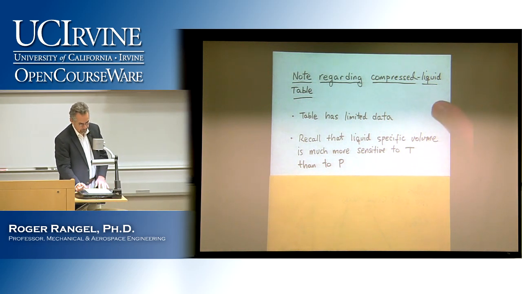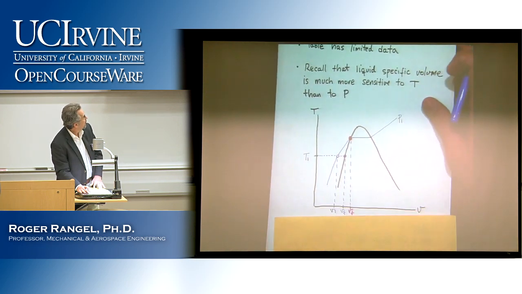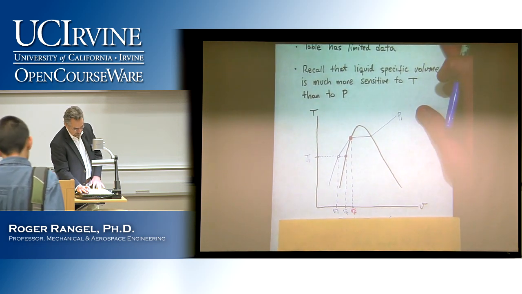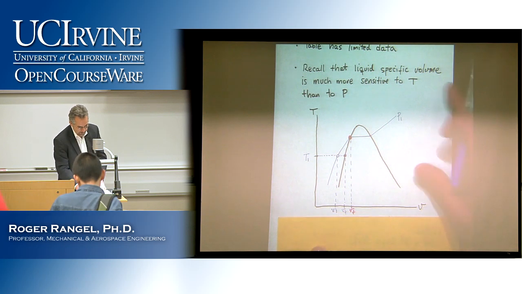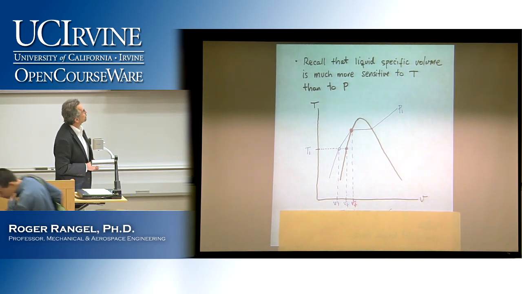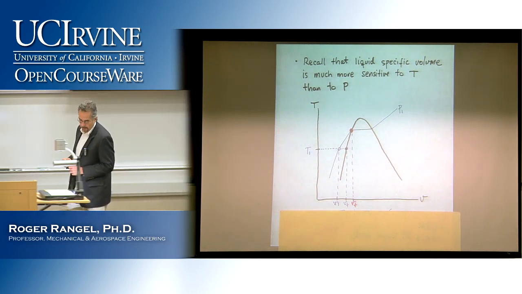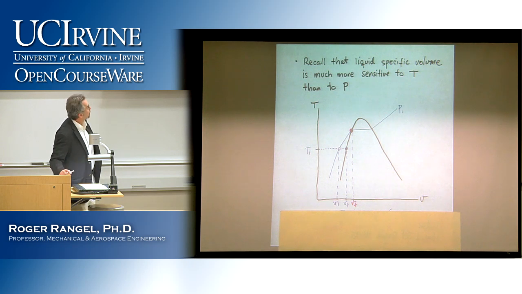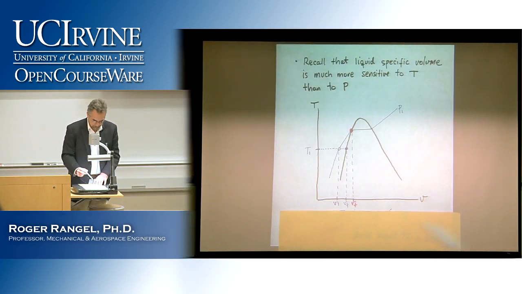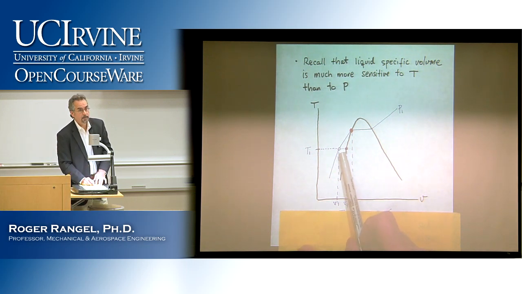So with those two observations in mind, we can go back and do our plot like we have been doing. Here is a plot of temperature versus specific volume showing what's going on in the compressed liquid side. I put an open circle there. That's our data point.